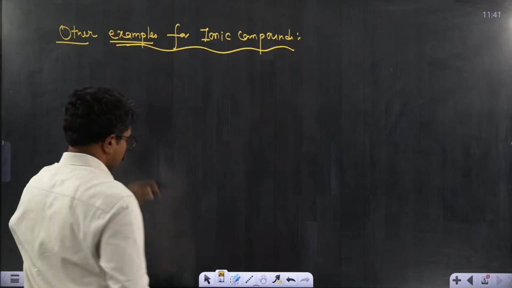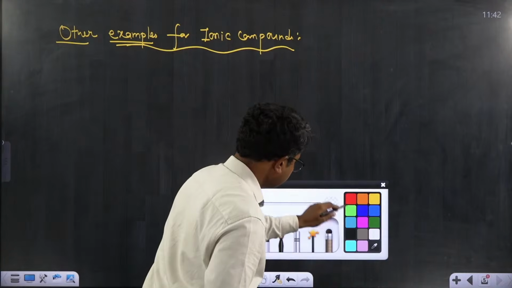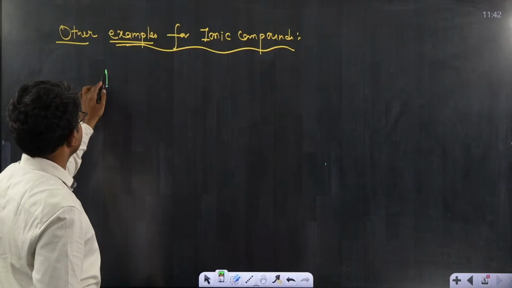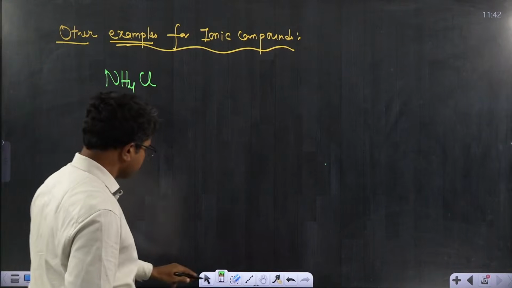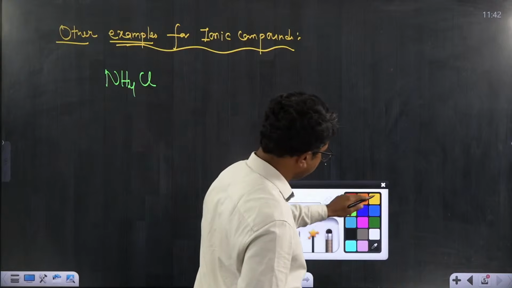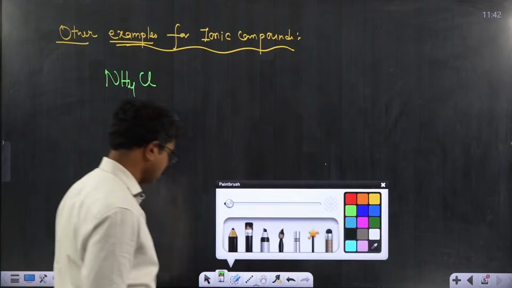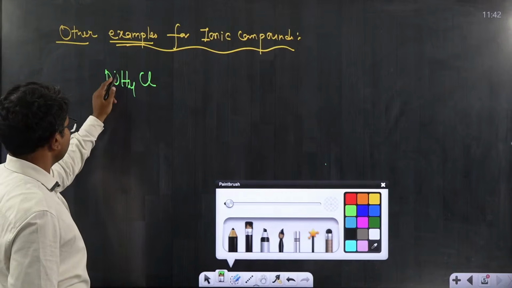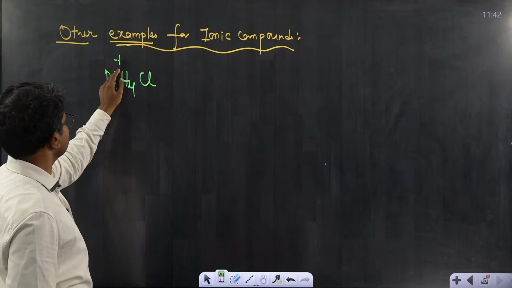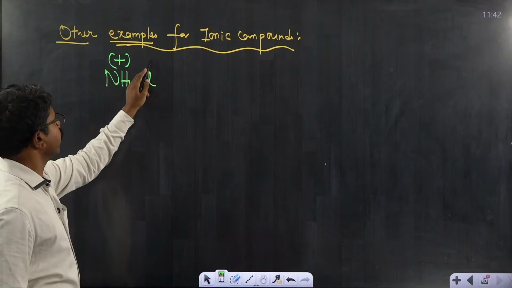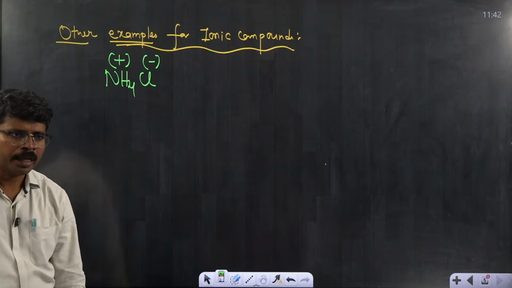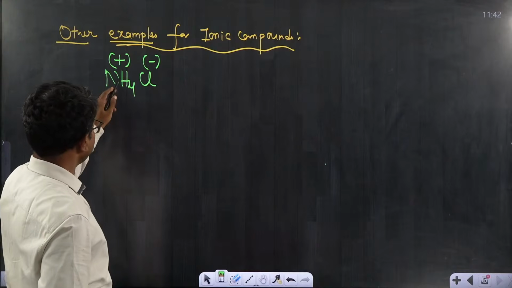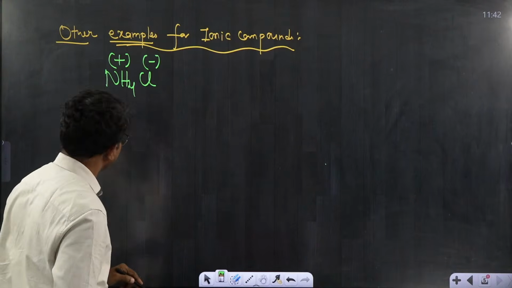Can anyone tell me whether this compound is considered to be an ionic compound or not. Okay, if I am taking, let's say, ammonium carries positive charge and Cl carries negative charge. Then what is the bond between ammonium and chloride?